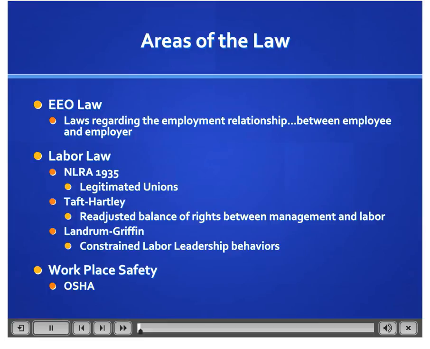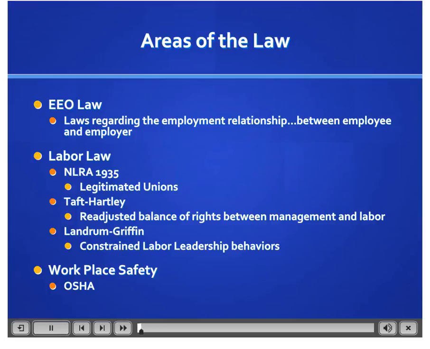So in terms of labor laws, there are three major laws that affect the union management relationship. In 1935, the National Labor Relations Act legitimated the existence of unions. They had been around since the mid-1800s, but they didn't have any legal standing. And so in 1935, through the Wagner Act, or the National Labor Relations Act as it's also known, they legitimated the existence of unions.